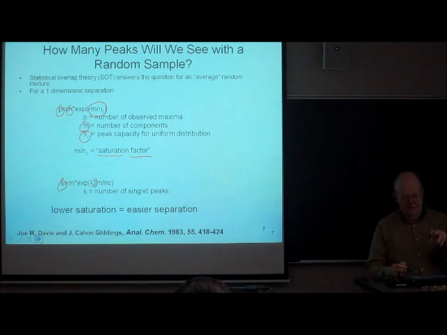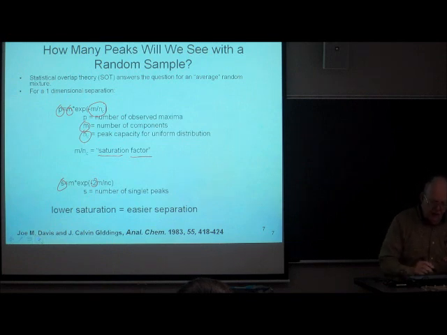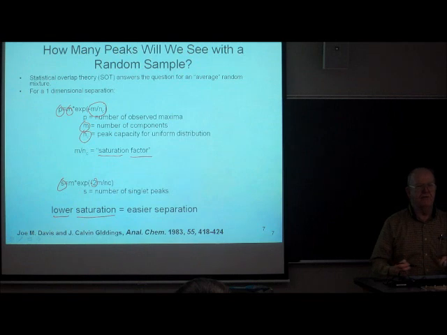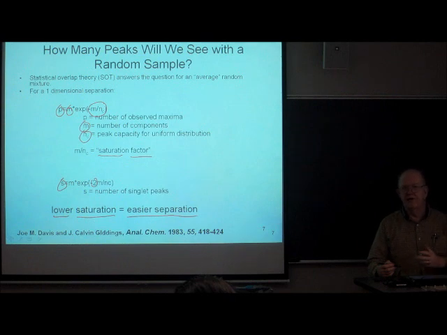Now, given that this m over nc is in the exponent and it's a negative exponent, the lower your saturation factor is, the easier the separation will be. If you had a peak capacity of, let's say, 10, and you have a two-component mixture, that's a fairly easy separation.